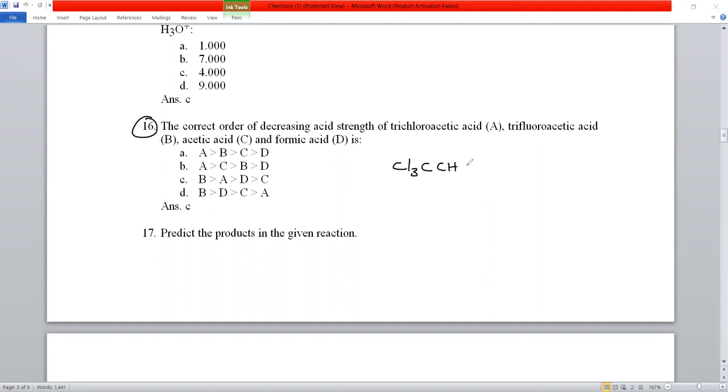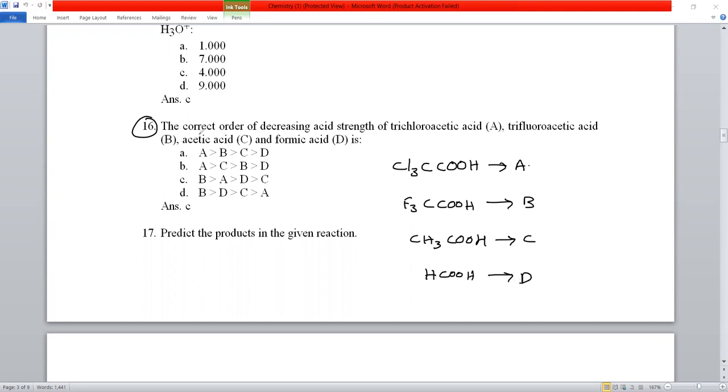This is trichloroacetic acid, A. Next, trifluoroacetic acid, B, they have given, and acetic acid is C. And formic acid they have given as D.